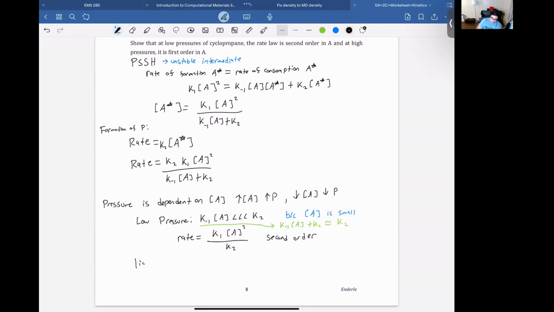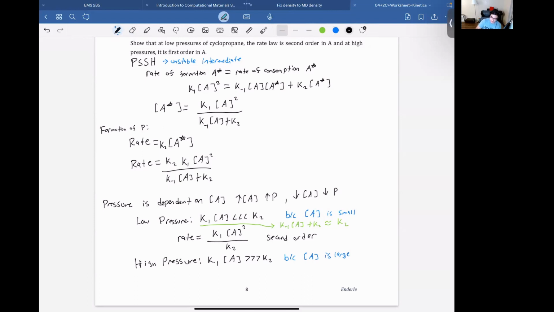At a high pressure, we're doing the same thing, except the other way around. So the concentration of A times K minus 1 is going to be much bigger than K2. This is because the concentration is large.